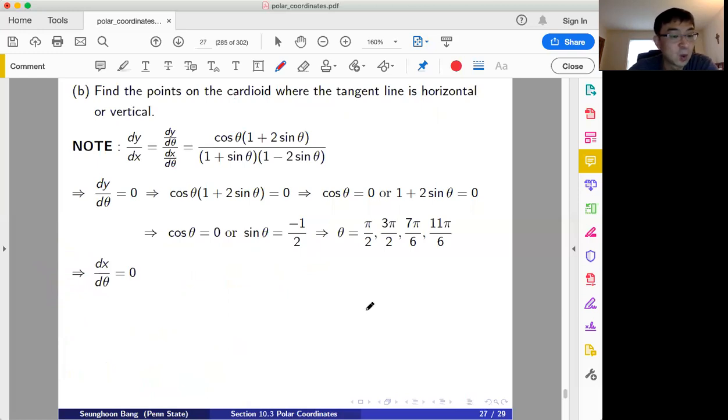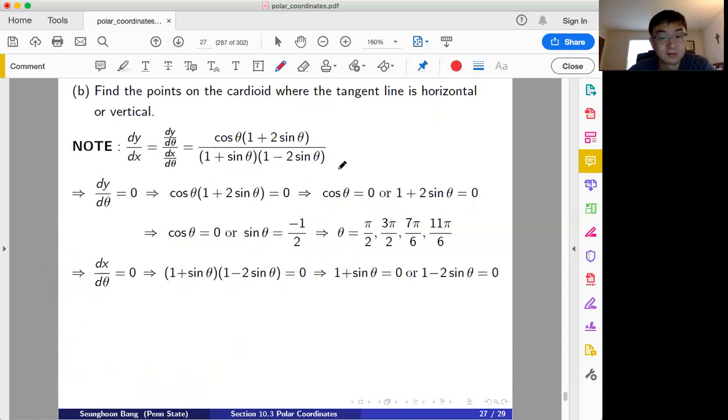Now dx over d theta equals 0. Only the bottom one equals 0. So exactly the bottom one: 1 plus sine theta times 1 minus 2 sine theta equals 0. So 1 plus sine theta equals 0 or 1 minus 2 sine theta equals 0. Subtract 1 from both sides: sine theta equals minus 1.